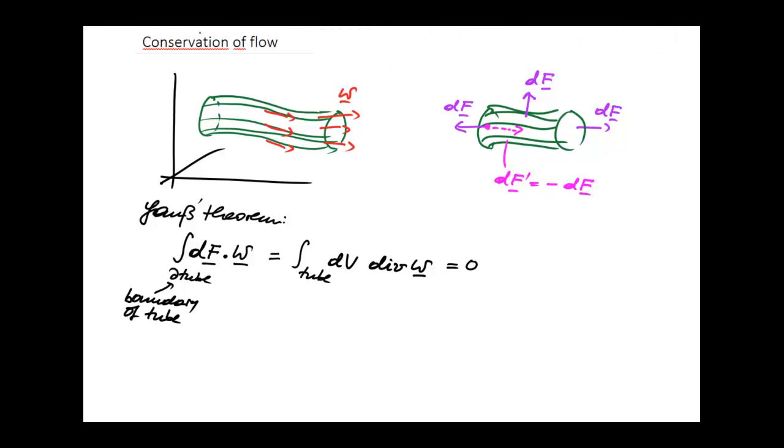Now let's look at this surface integral. This surface integral over the surface of the tube can be decomposed into three parts. The surface of the tube is composed of the side of the tube, the bottom of the tube, and the top of the tube.